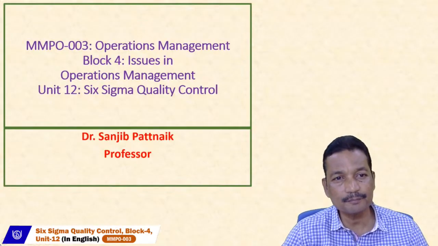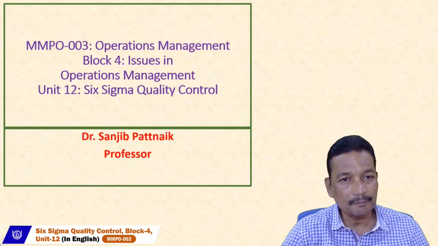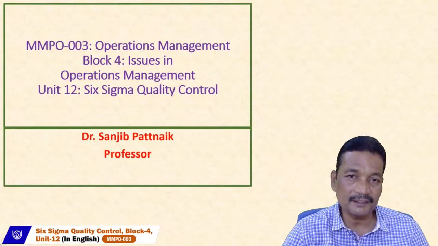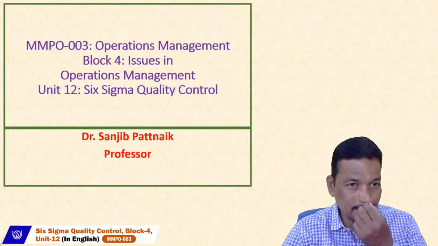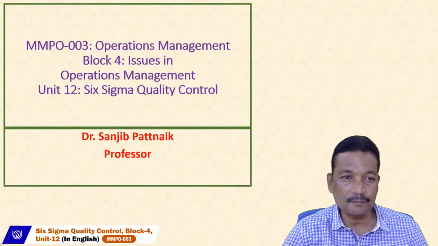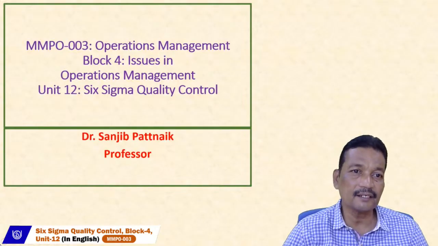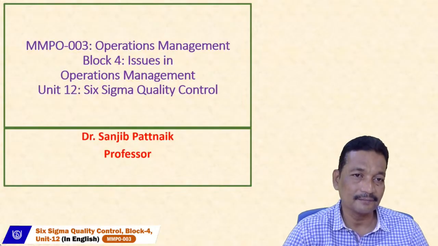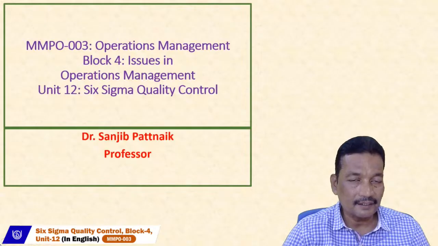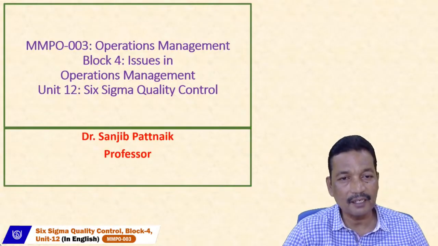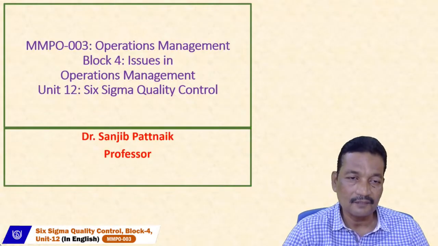Now, in the previous blocks, we had seen the basics and how operations management is carried out, etc. In this last block, block 4, we are looking at the various issues in operations management. Under that, today we shall focus on something called Six Sigma quality control.